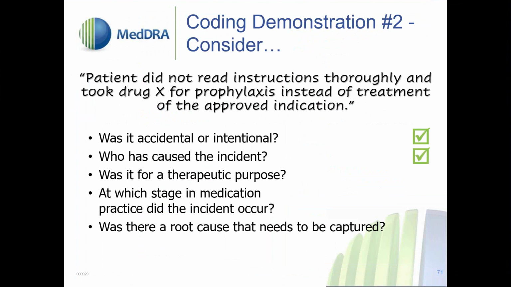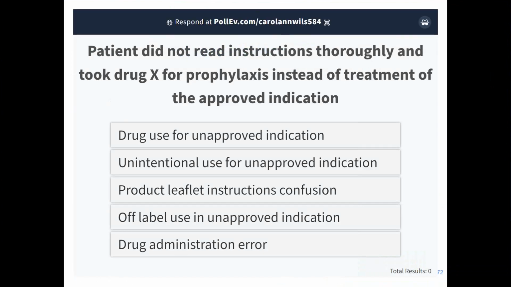Do we know who caused it? Yes, the patient. And was it in the framework of therapeutic use of the product? Yes, it was. We also know the stage where the error occurred. The drug was administered, but no root cause was provided. So how would you approach this reported incident now?